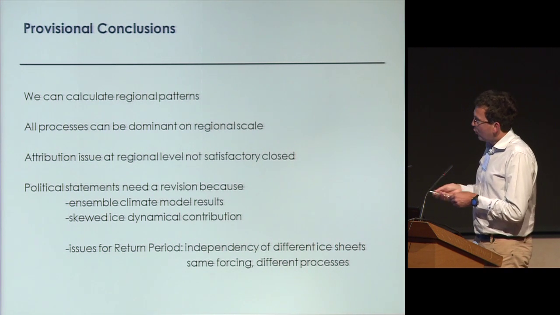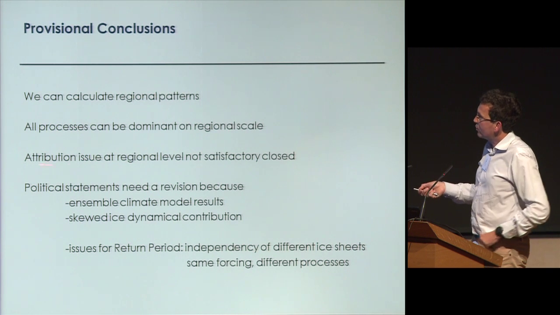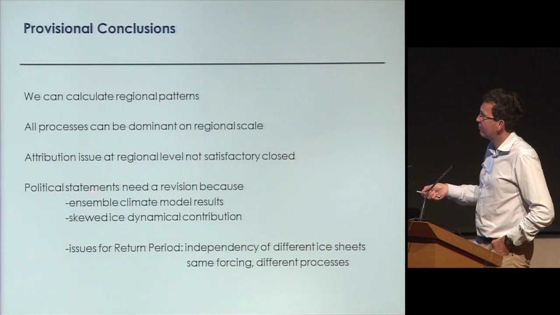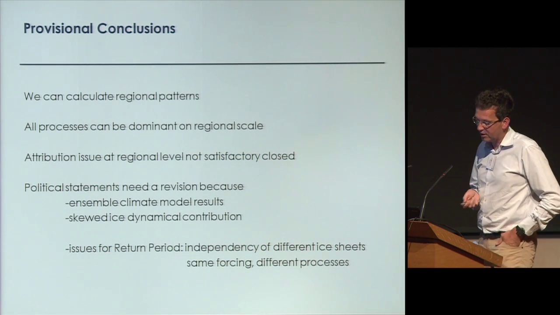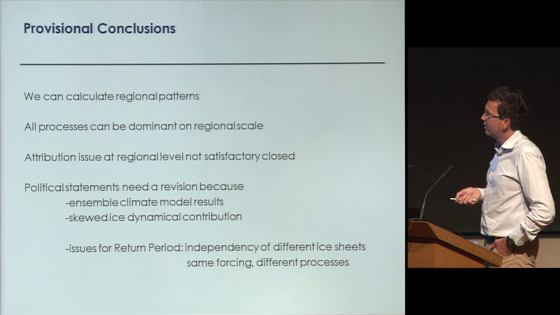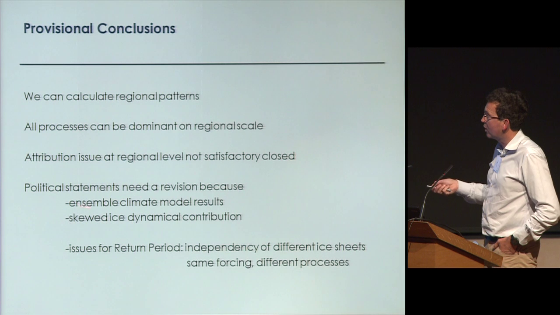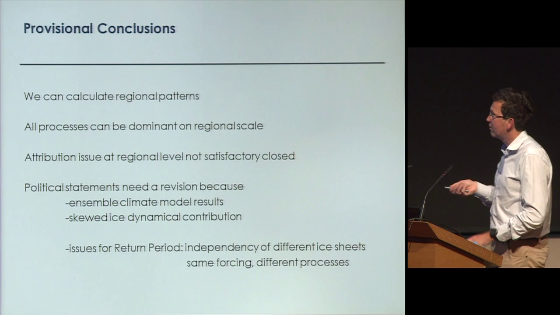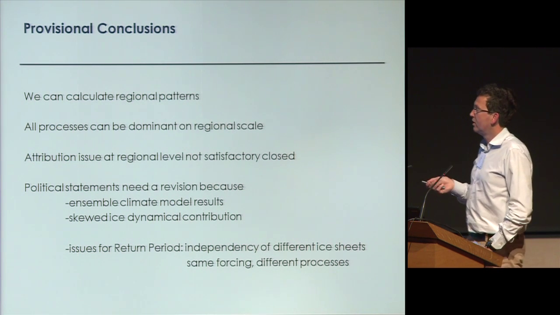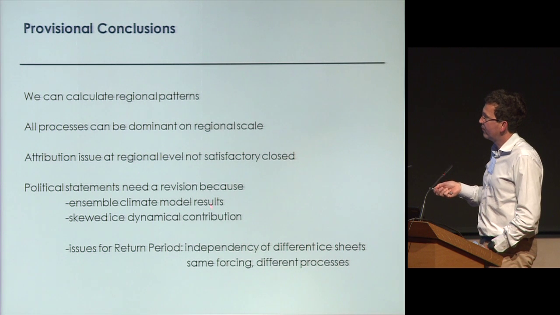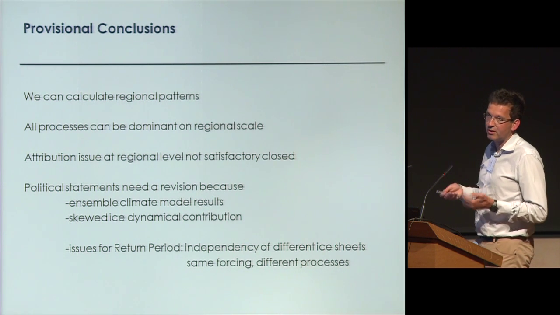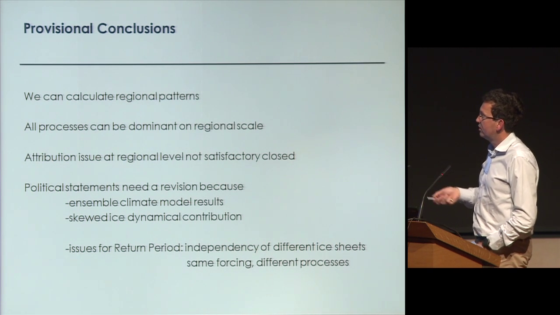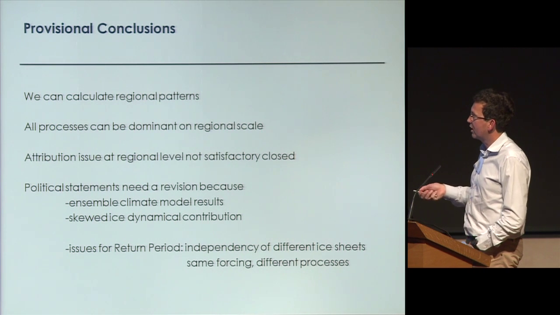So on top of the conclusions we had already based on the part which was focusing on the climate models, we now have to consider, I think, that we need a revision of our water law or our political ideas on how we can handle sea level extremes, because I think the level which is claimed is no longer holding, given the fact that there is such a large uncertainty in the ice dynamical contribution, and also a significant uncertainty in the climate models.